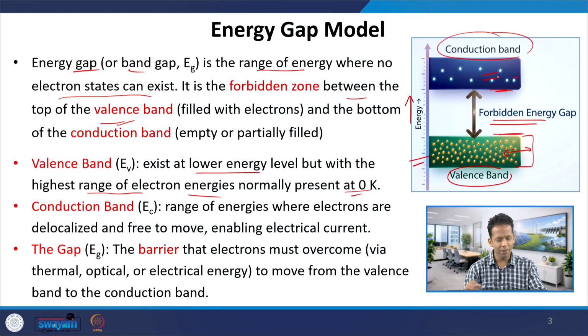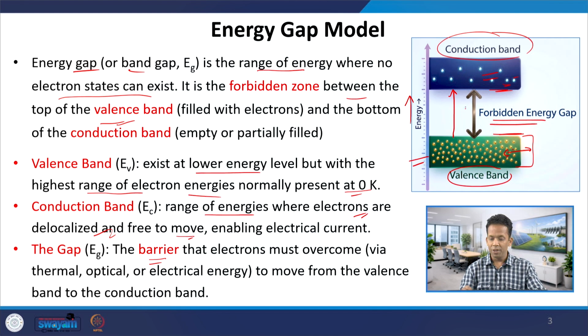And in the conduction band, you can see the range of energies where electrons are delocalized, they are scattered and they are free to move, which enables them to carry the electric current. So it is the electrons in the conduction band which are actually responsible for movement of the electric current, and the gap between these two bands represents a barrier that electrons must overcome, and this barrier can be due to thermal, optical or electrical energy.